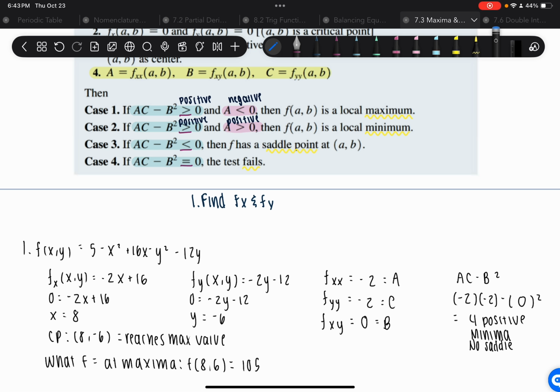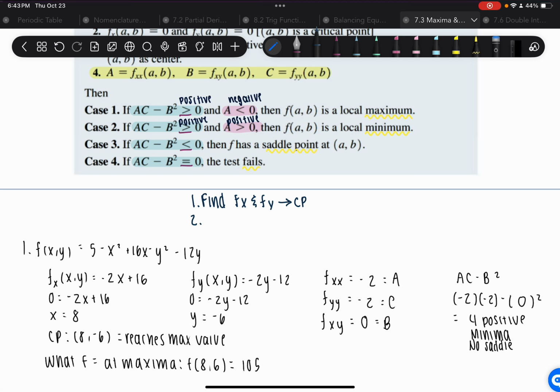I did the same thing for y, where I treat x like a constant. Then I want to set those equal to 0 and solve for x and y, and that gives me my critical point. So the first step is to find f of x and f of y, which gives me my critical point.